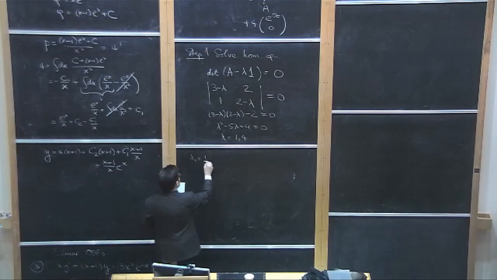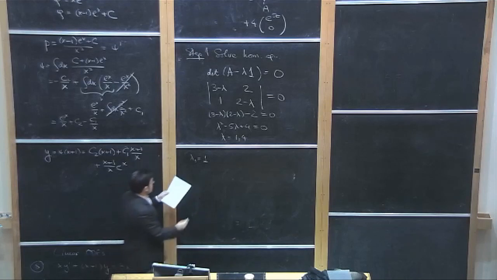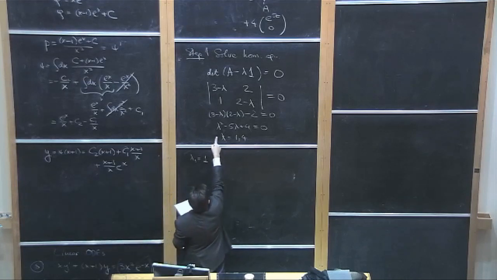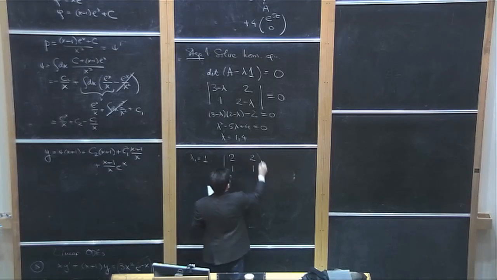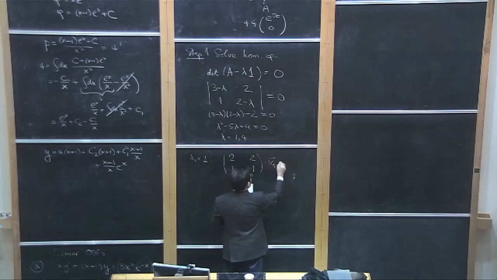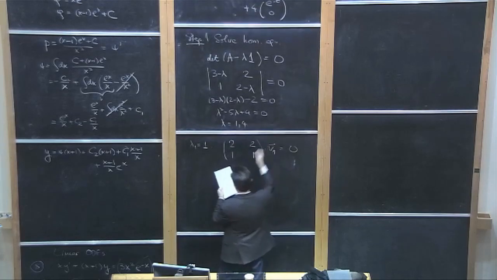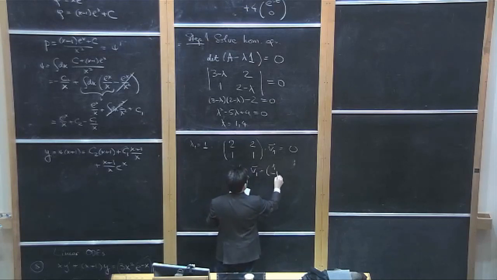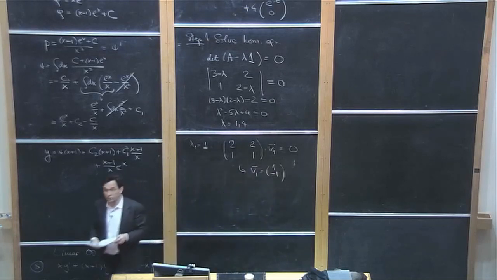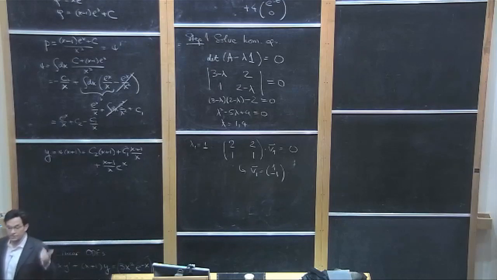So when lambda is equal to 1, right, we substitute lambda into that matrix, which gives us 2, 2, 1, and 1. And we dot this with V1, and that has to be 0. And that implies that V1 is equal to (1, minus 1) up to an arbitrary constant, which you don't care about because these solutions will get multiplied by constants eventually anyway.